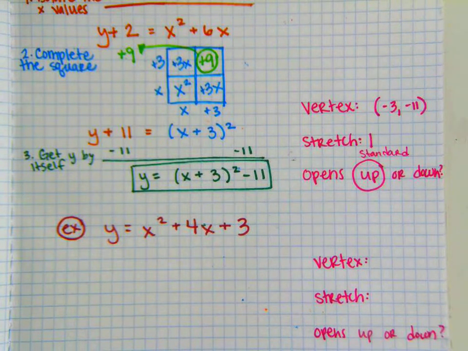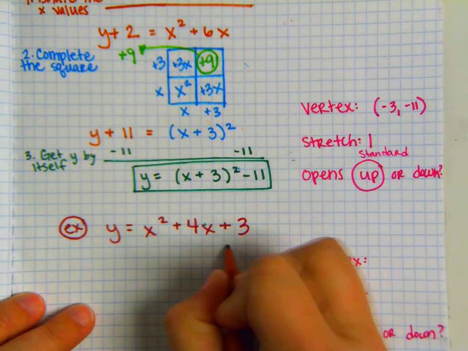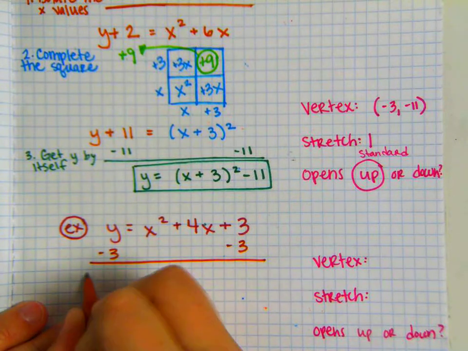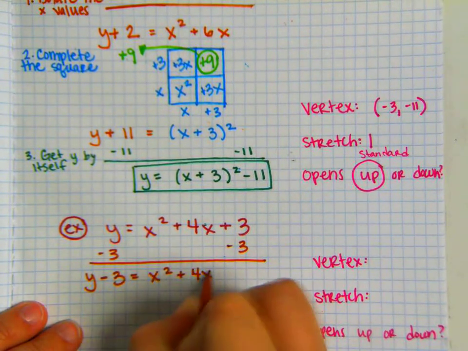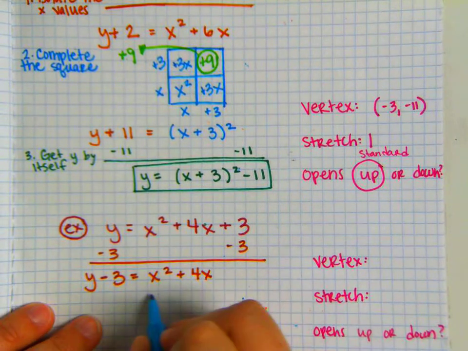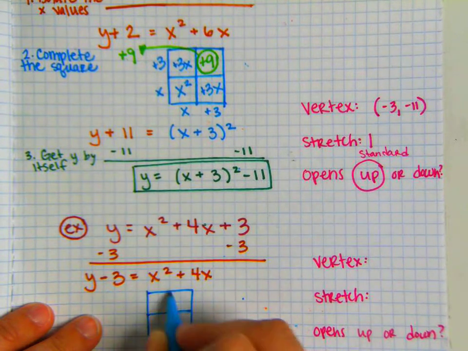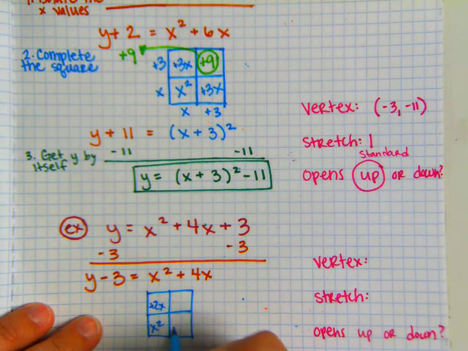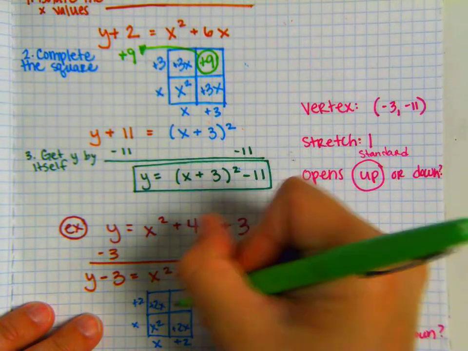All right, so the first step, like we said up at the top, is isolate the x values. So that means I'm going to start by subtracting 3. So that'll give me y minus 3 equals x squared plus 4x. And then we're going to complete the square over here. Split up that 4x into 2x and 2x. That'll be x plus 2, x plus 2, which means up here 2 times 2 will be a positive 4.